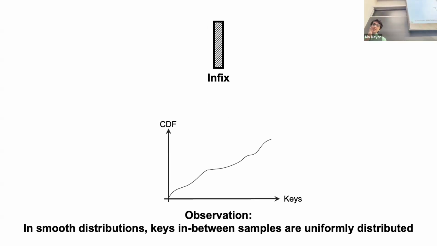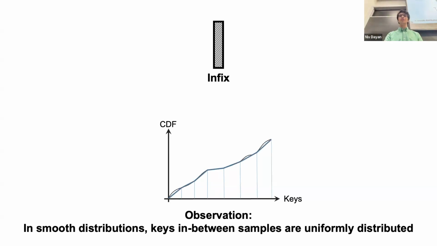If you have a smooth distribution over your data set, here I'm showing you a distribution. The x-axis is the keys in your data set, and the y-axis is your cumulative distribution function, or CDF. And it's sort of like a smooth curve. The observation is that when you take a bunch of samples from your data set, the keys in between the samples, which are the blue lines in the figure, are going to be approximately uniformly distributed.